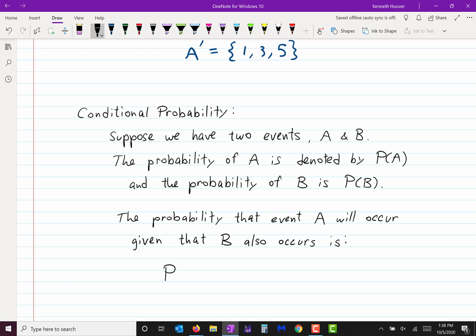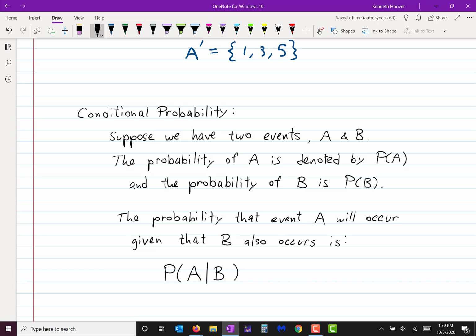We write probability of, and then we write A, vertical line B. So that is the probability that A occurs given that B also occurs.